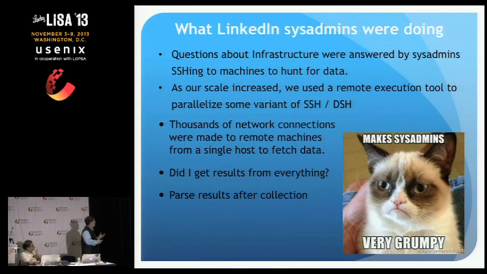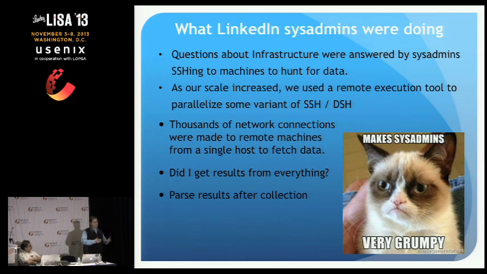So this is kind of what we were doing. We were SSHing to machines. Once we got to a certain scale, we started to use a tool called DSH. There's several open source equivalents out there. But basically, this tool is just taking an SSH connection and it parallelizes it across maybe 80 or 100 connections at a time. This has problems, though, because we don't know if we got the results from everything.